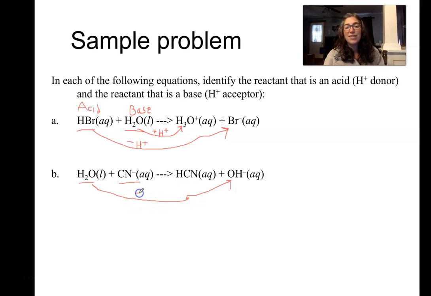All right, so it does indeed lose an H plus, a proton. So this one is our acid, and the cyanide ion does in fact gain an H plus to become hydrogen cyanide, and this is our base because it accepted or it received that proton.